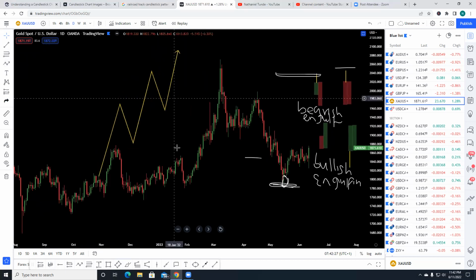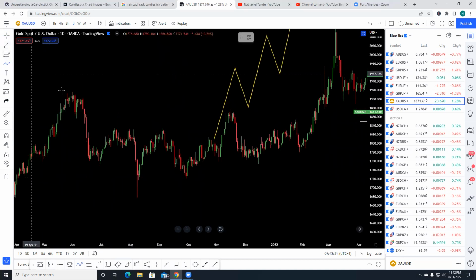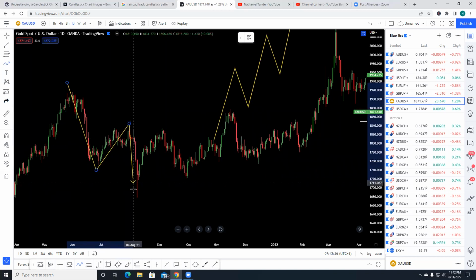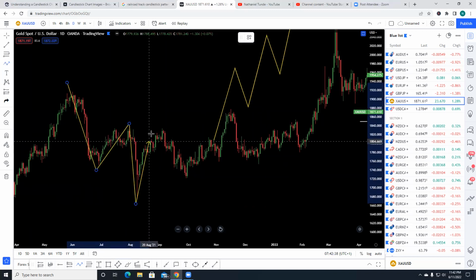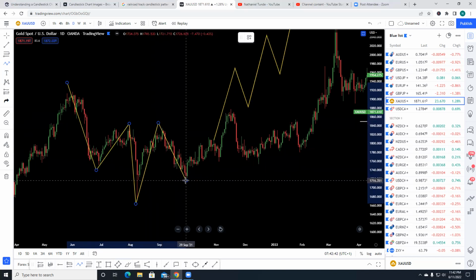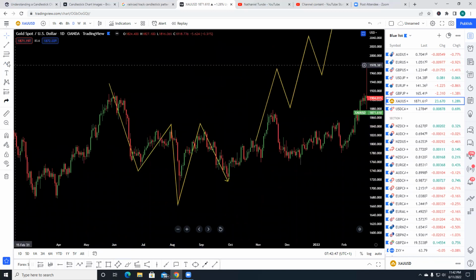Now, let's look at this. If this market has made a three-wave move down, that is a correction. After it makes an impulse, you are expecting a corrective structure. Where is this corrective structure supposed to stop, guys?